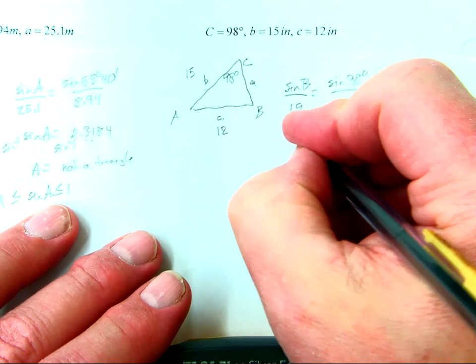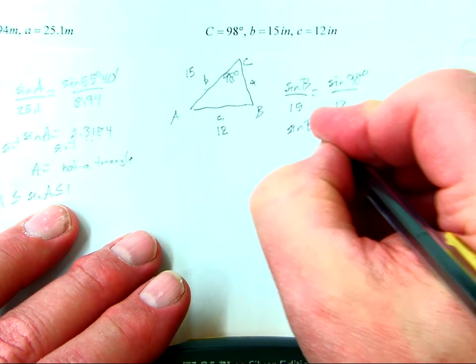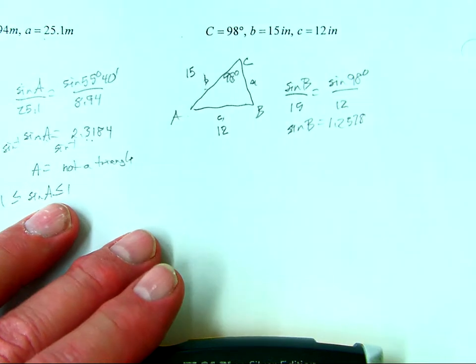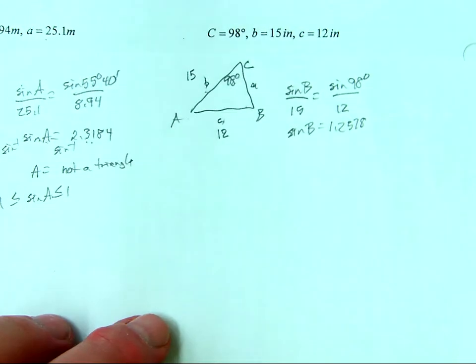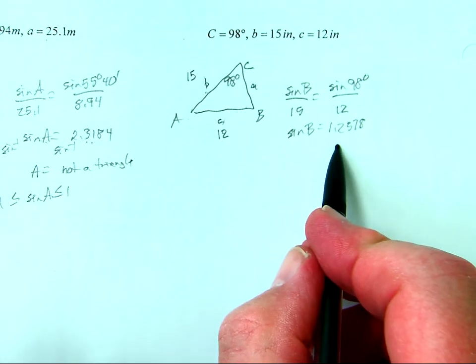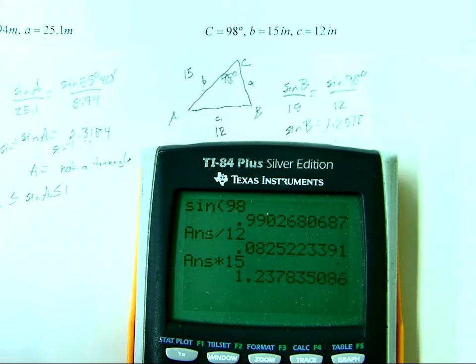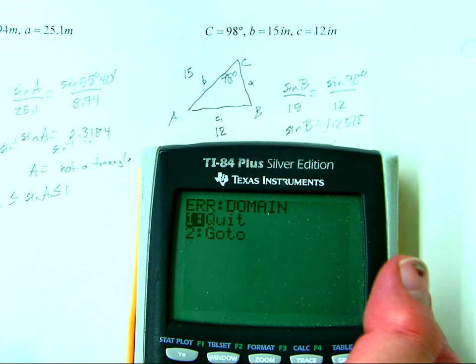I get the sine of B equals 1.2378. Well, again, if you think about what we talked about in the last one, if I do inverse sine, it's going to say error again, because sine can't be bigger than 1. So if I take second sine of second answer, it tells me error.